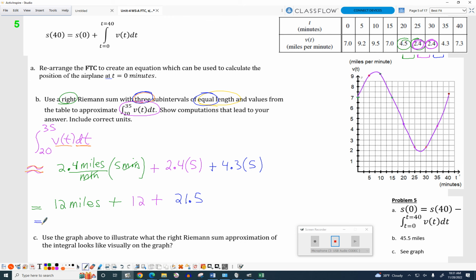Cheat and look at the answer, 45.5 miles. Make sure your final answer has the units, otherwise you do lose a point.